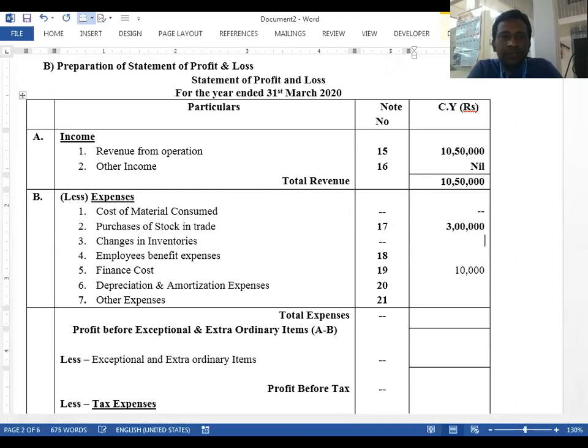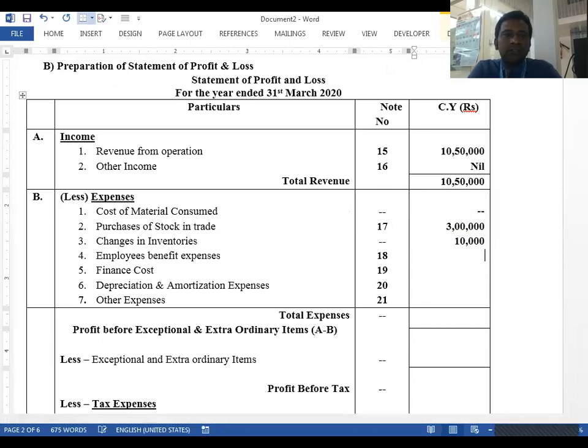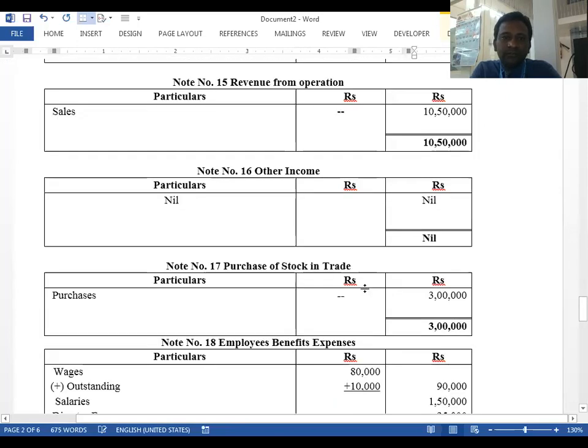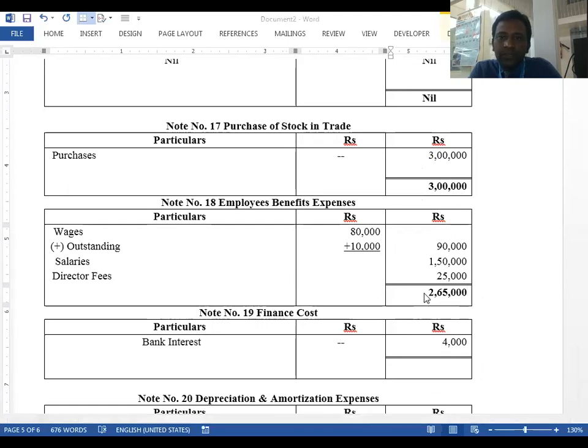Then change in inventory of rupees 10,000. You already transferred it. Employee benefit expenses. What is the amount of employee benefit expenses? Calculate it. 1,50,000 plus 90,000, 2,40,000, plus 25,000, 2,65,000. Is it right? 2,65,000.